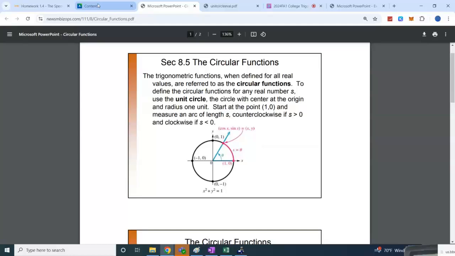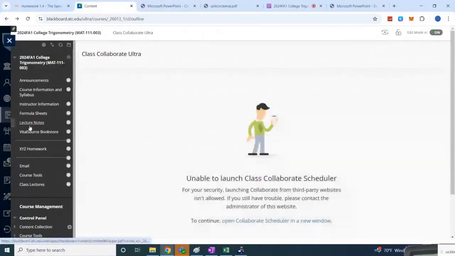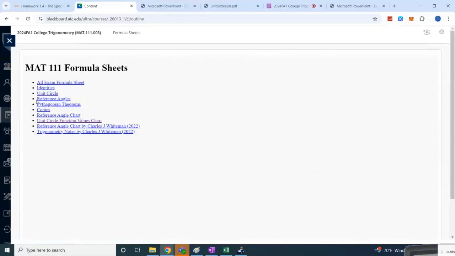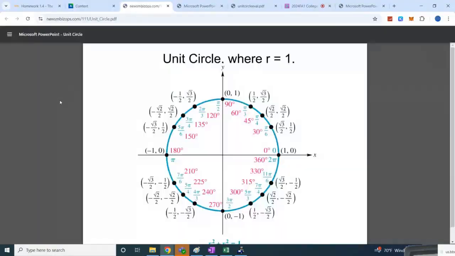I'm also going to pull up the unit circle. And again, that unit circle is on the exam formula sheet, and it's also a separate document unto itself. So that unit circle function values sheet and the unit circle go hand in hand.